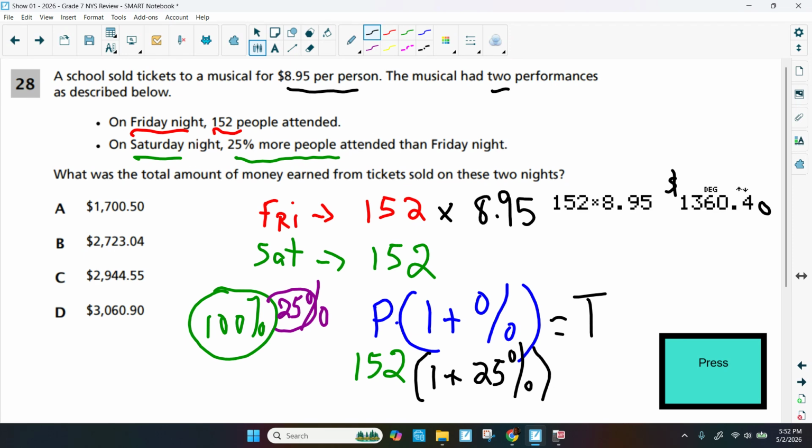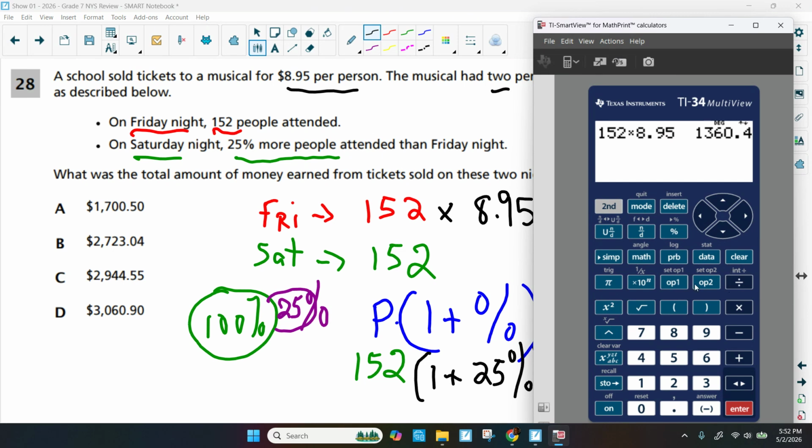So let's get our calculators. This is an interesting question. It's so long. So I'm going to take 152 times 1 plus 25, and I believe I have a percent button up there. So you might have to change it to a decimal or use your percent button, because I believe your calculator should have that also.